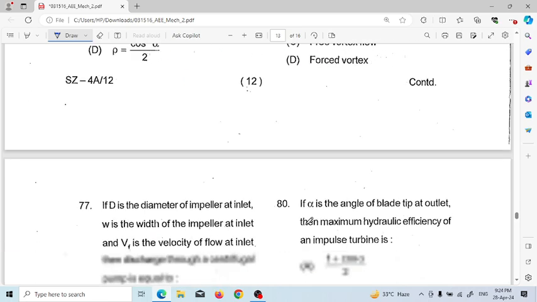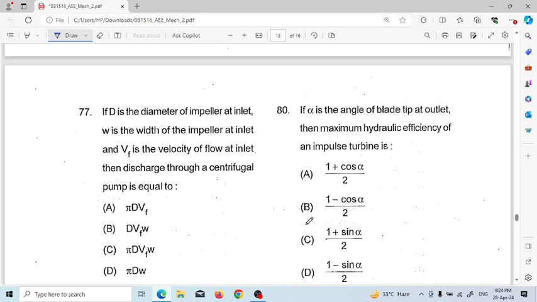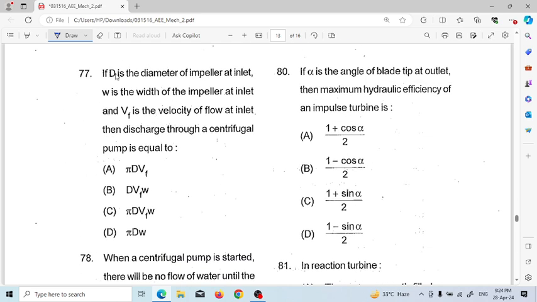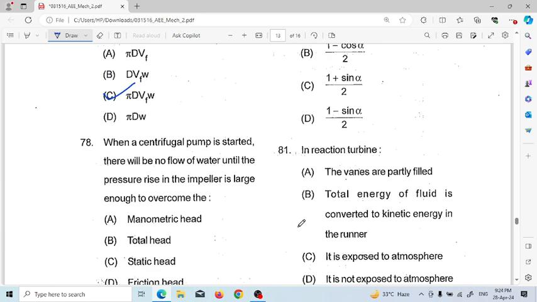Next question number 77. If D is the diameter of impeller at inlet with width W of the impeller at the inlet and Vf is the velocity of flow at the inlet, then the discharge through the centrifugal pump. So discharge will be pi D times velocity times the width. So option C is the correct answer.